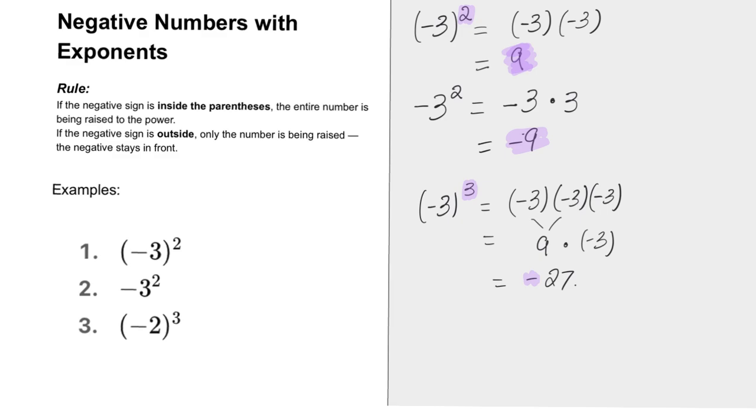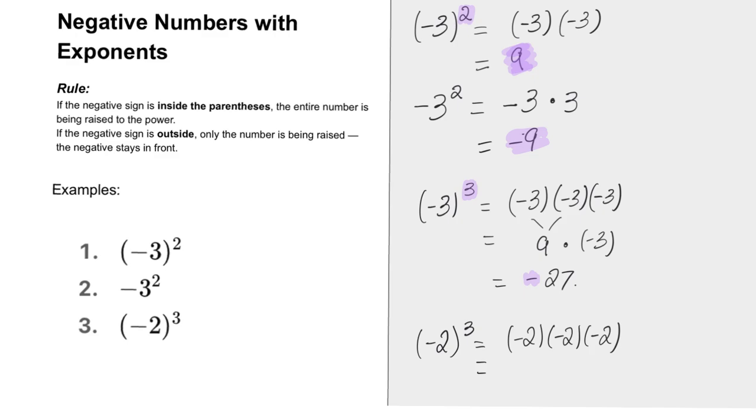So let's try one more. Now we can clearly see that -2 is inside the parentheses, so the entire thing will be raised to the third power, which means our base is -2. Let's go ahead and do that.